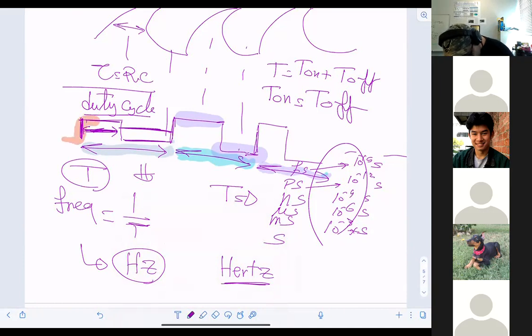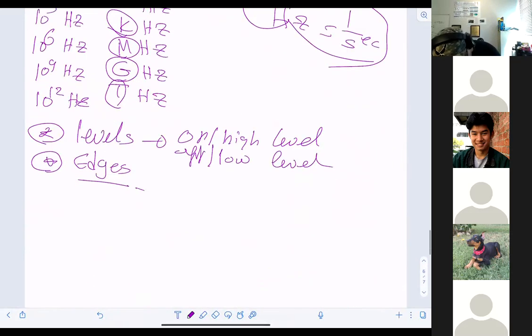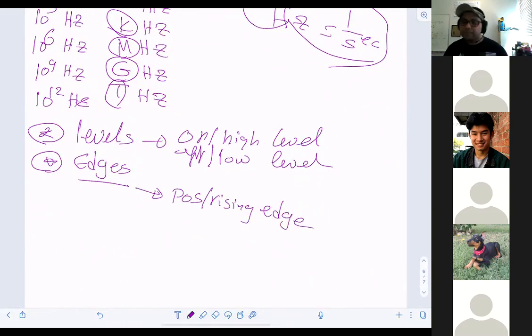So this sharp line is the positive edge. They call it pos edge or rising edge. So we're gonna put it here. So you have pos or rising edge.